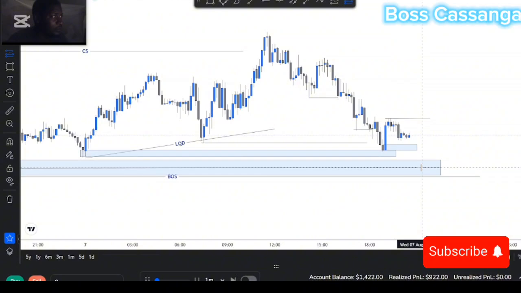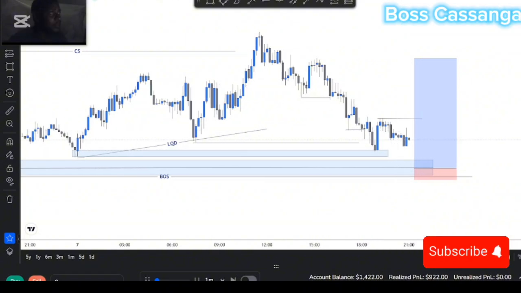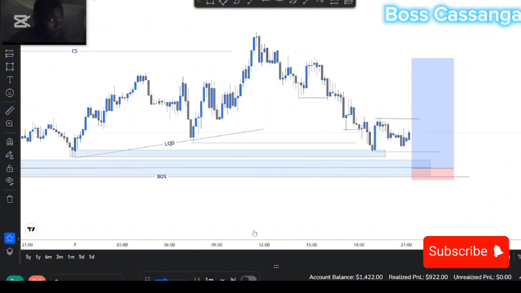We're already in the demand zone on the 10 minute time frame, but just hoping that this can be an inducement, that it takes out the zone. Yeah, let me just make it a bit faster. Let's see what's going to happen.